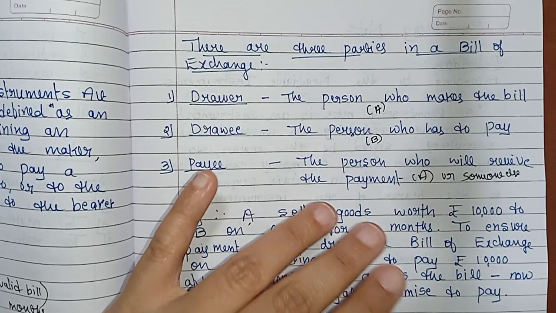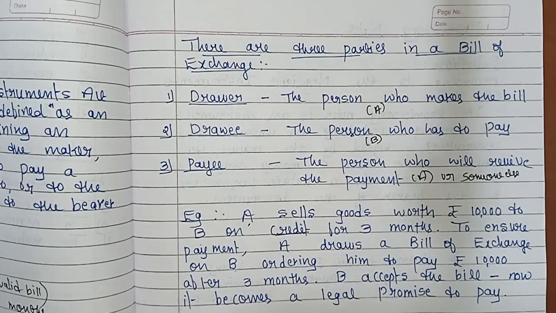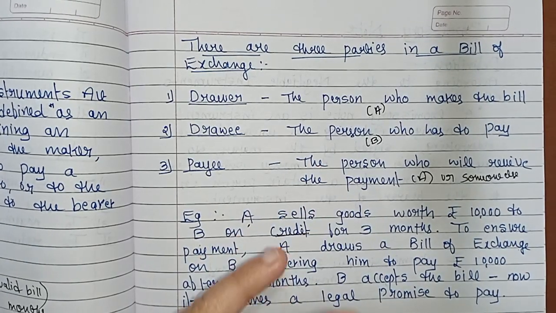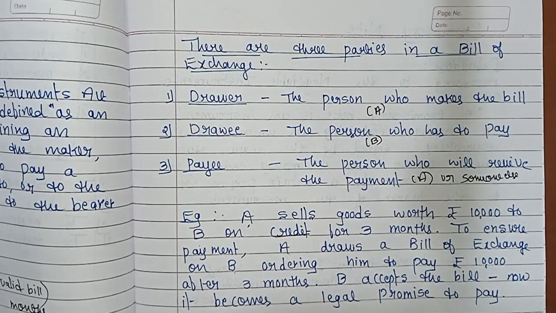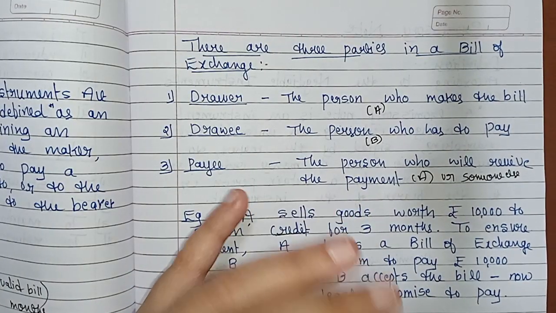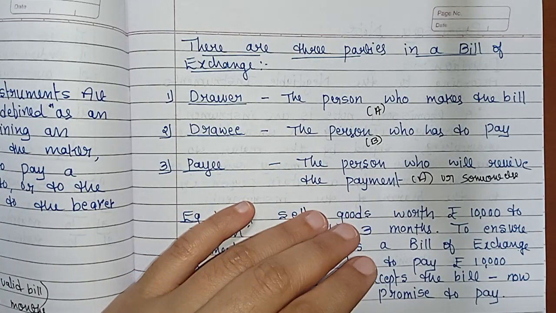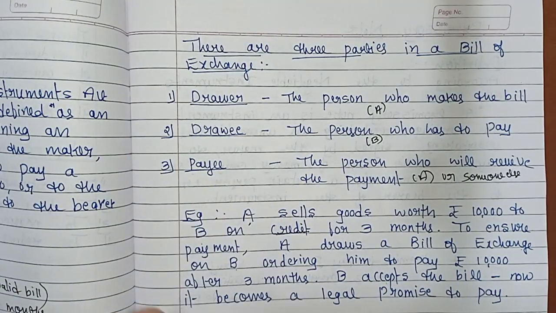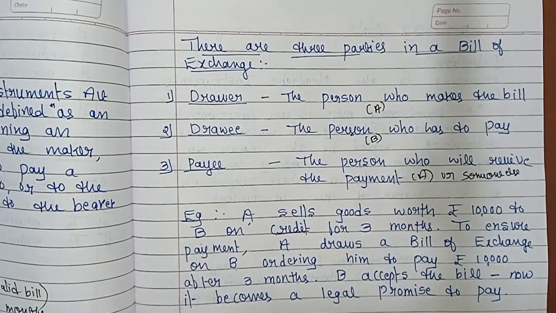For example, Ramesh orders Suresh to pay rupees 10,000 to Mahesh. Clear? Orders means that is a bill of exchange. Promise means that is a promissory note. Ramesh orders Suresh, so Ramesh becomes the drawer and Suresh becomes the drawee, the person who has to pay rupees 10,000 to Mahesh, the payee, the person who will receive the payment, or the drawer himself. Clear? That is the bill of exchange.